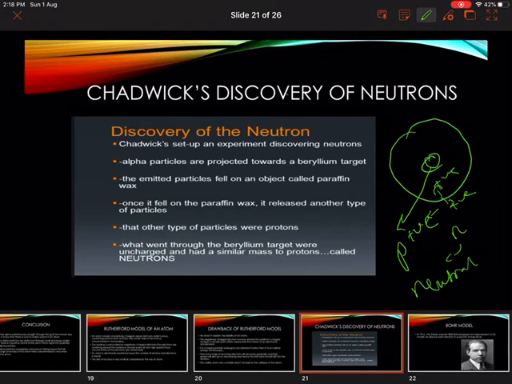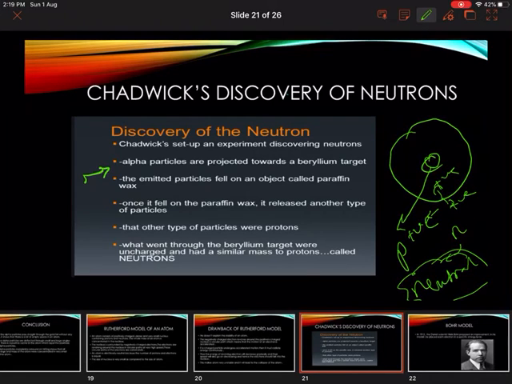But Chadwick did an experiment to prove that the presence of neutrons inside allows the protons to hold together, and the atom does not collapse. As per his experiment, alpha particles are projected toward a beryllium target.